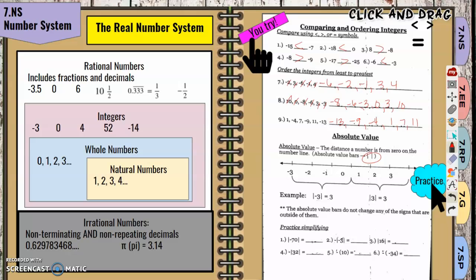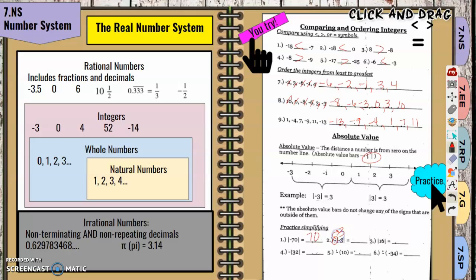So for number 1, the absolute value of negative 70 is 70. Number 2, I have the opposite of the absolute value. So the first thing I do is take the absolute value of negative 3, and that is 3.